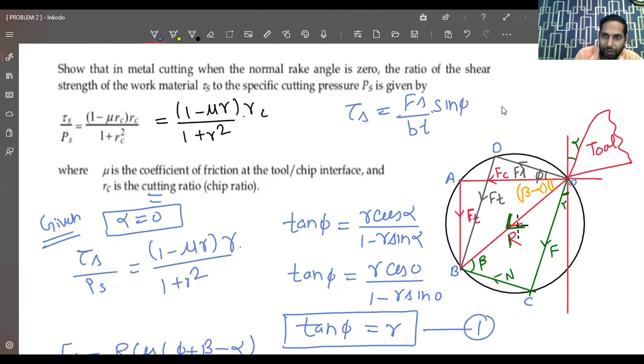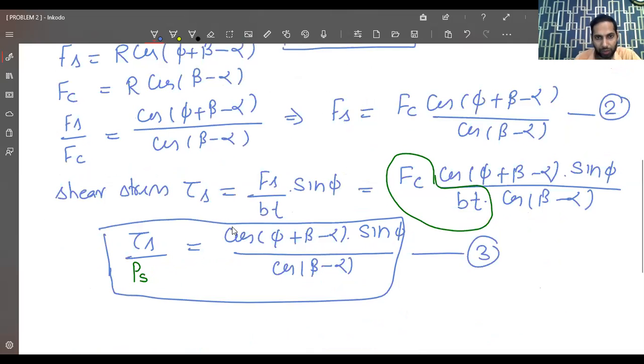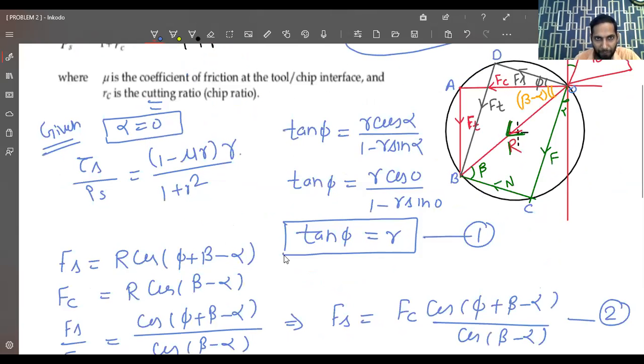Okay, and Ps we used to write as u. What was it? Fc over bt into 1000 joules per mm cube. Okay, so this is our Ps and this is our tau. Clear? So just put this value. Now the formula comes out to cos (phi plus beta minus alpha) into sin phi over cos (beta minus alpha).